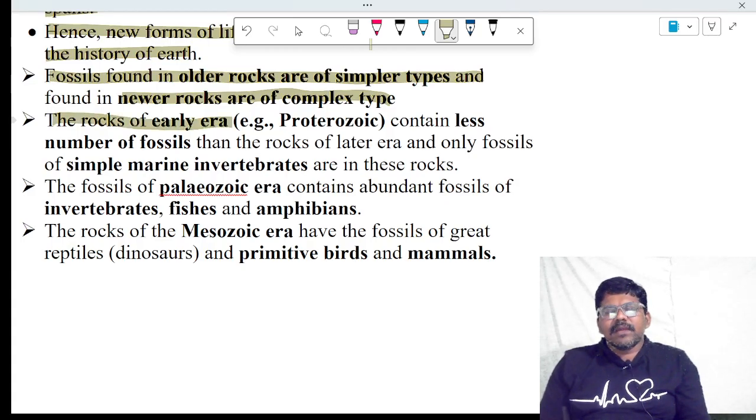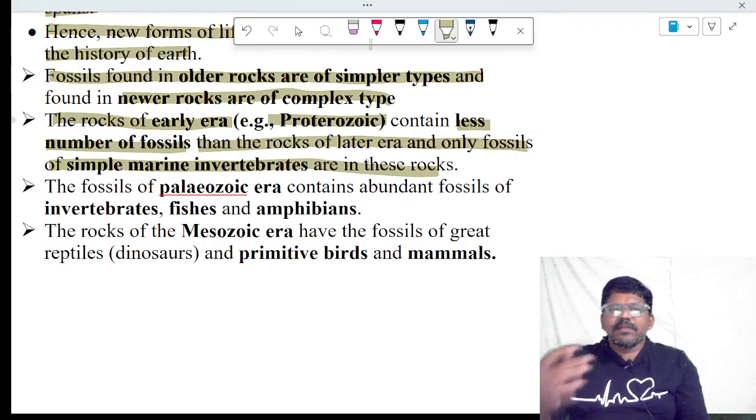The rocks of early eras, like the Proterozoic era, contain fewer fossils. At the starting of earth there were very few living organisms, hence the number of fossils and the complexity are less. In the rocks of later eras, only fossils of simple marine invertebrates are present.